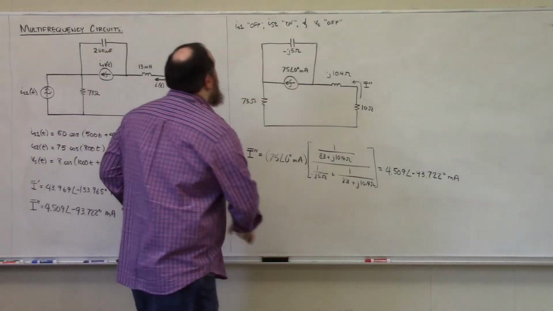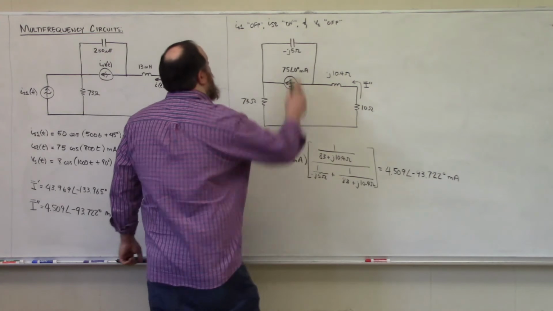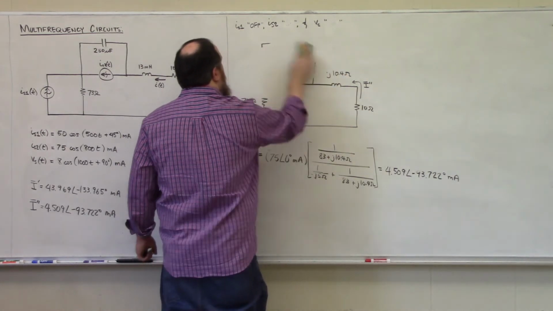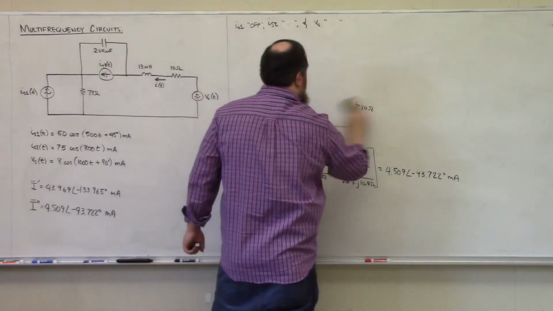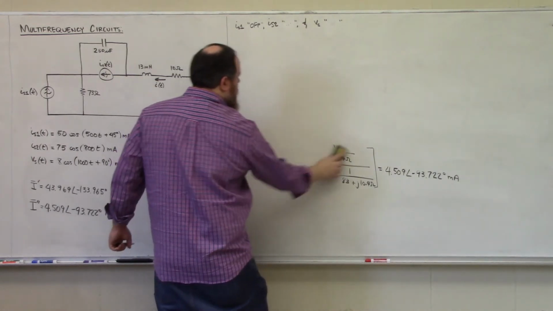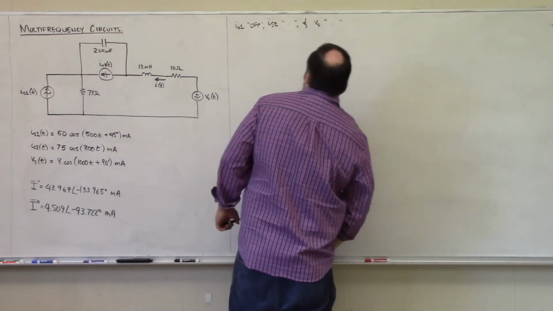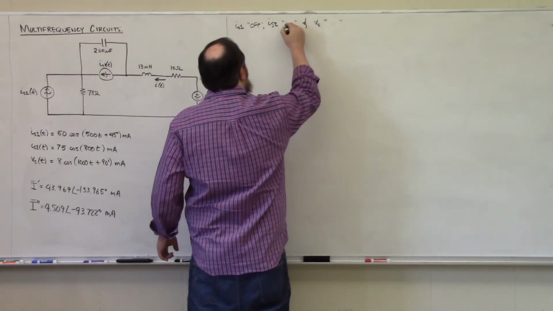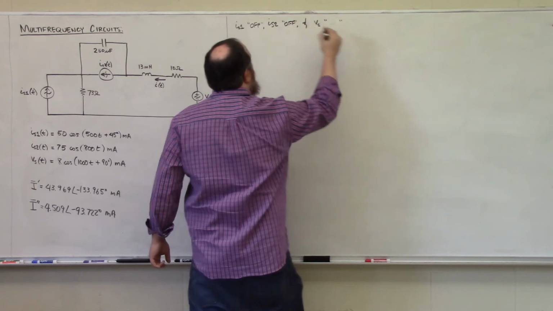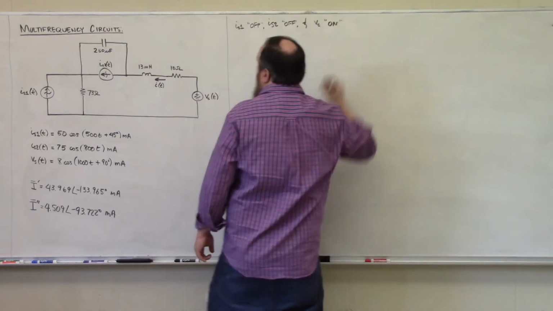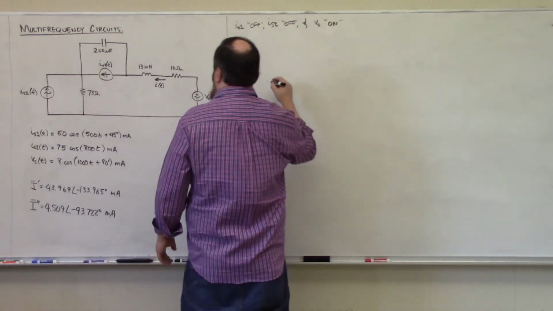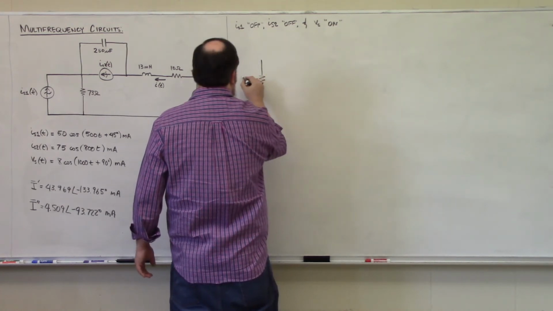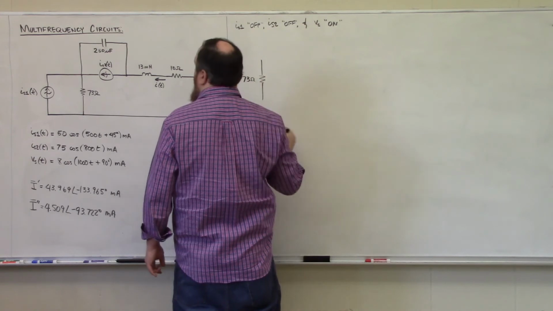All right, our last step will be to work it with both current sources off and our voltage source on. So with these current sources off, I'm going to have my 73 ohm resistor.